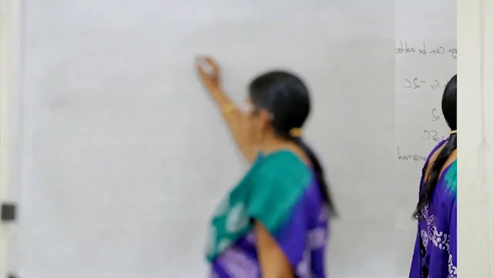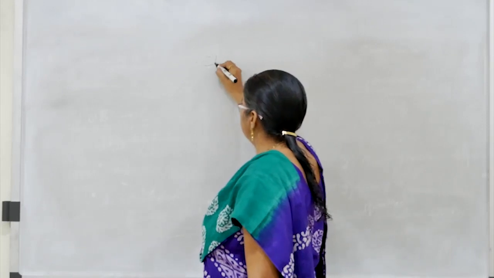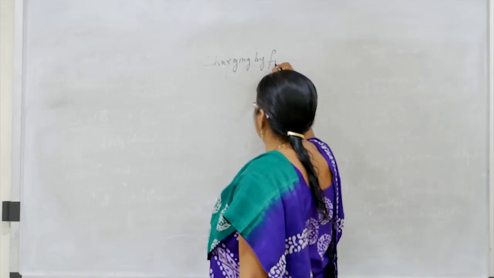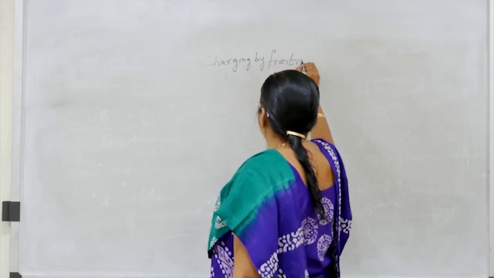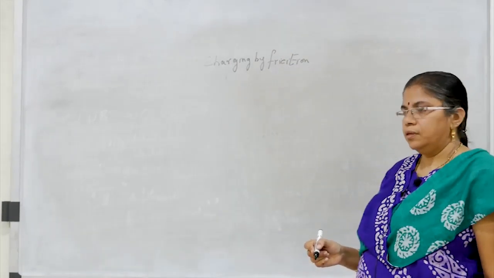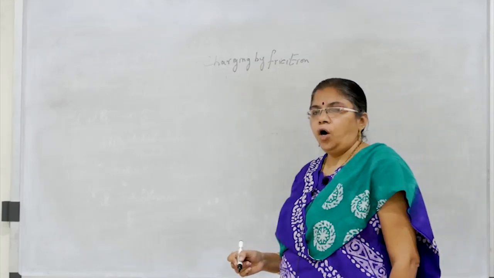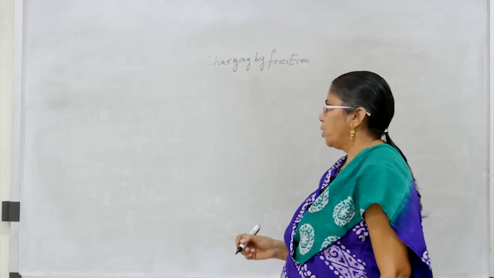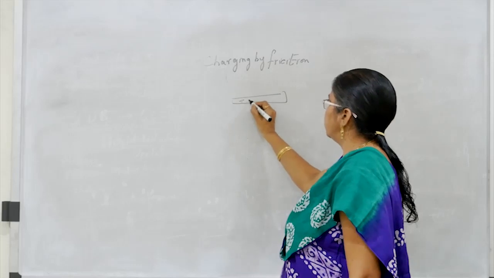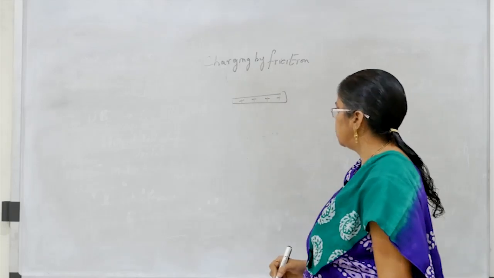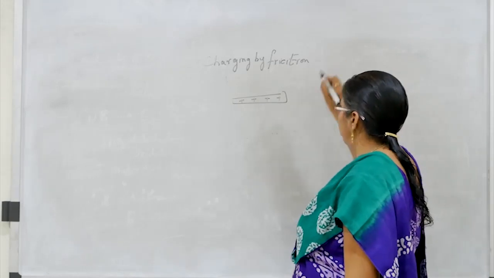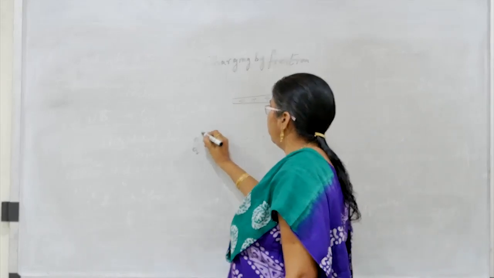In charging by friction, that is when any substance is rubbed with any cloth, or suppose when I take a glass rod and it is rubbed with silk, the glass rod gets positive charge and silk gets negative charge. This is known as charging by friction.